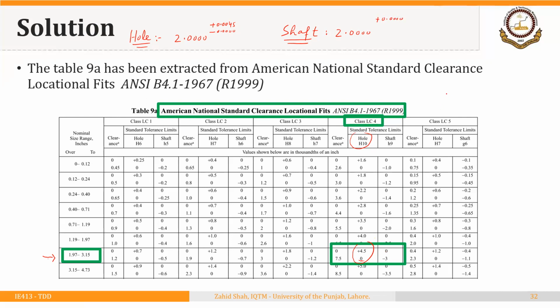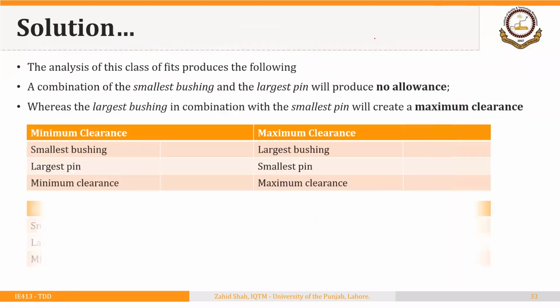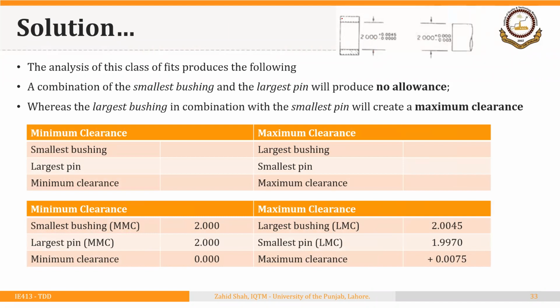And minus, that is the difference of these two, 3 minus 0, so that will be minus 3 divided by 1000, or minus 0.003. So we have determined the size of the hole and the shaft. The hole has a size of 2 plus 0.0045 minus 0, and the shaft has a size of 2.00 plus 0 minus 0.003. Now let's first draw this hole and shaft.